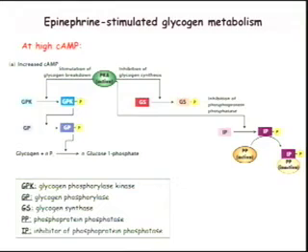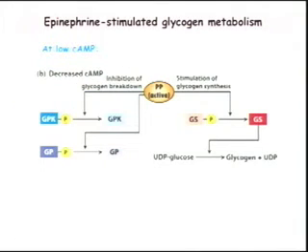Now, when the cyclic AMP level goes down, the whole thing reverses. The reason it reverses is this phosphatase. The phosphatase becomes active because when the cyclic AMP level goes down, PKA returns to the inactive state. Nothing maintains the phosphorylation or inhibition of this phosphatase, so it becomes active. The phosphatases in the cells are normally in the active state.